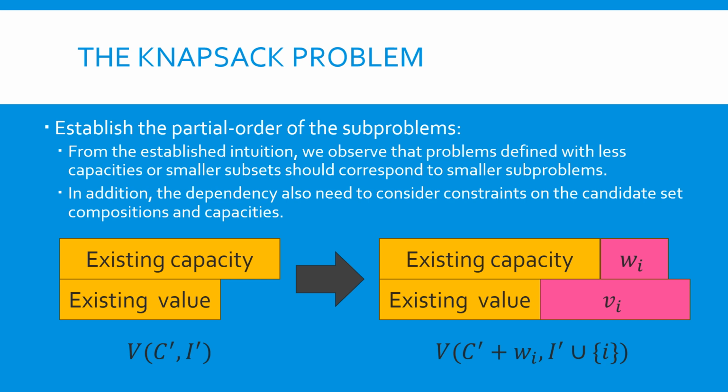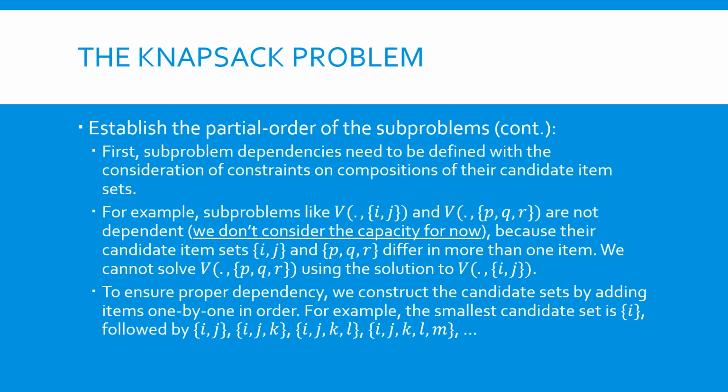However, to precisely define the dependency, we also need to consider constraints on the candidate set compositions and capacities. We will discuss each of these constraints next. Let's first discuss the constraint on the composition of the candidate sets. The composition is crucial because the solution of a larger problem is constructed by adding a new item to the existing collection.